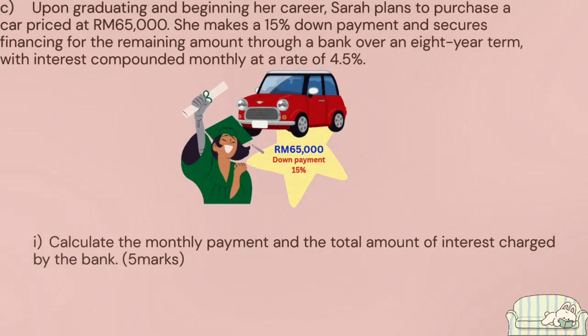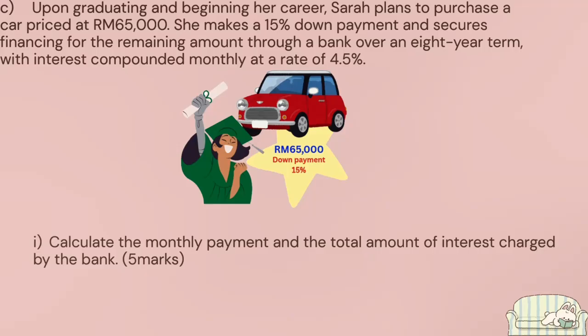I'm Deffanie, and I will start to discuss question C. Upon graduating and beginning her career, Sarah planned to purchase a car priced at 65,000 ringgit. She makes a 15% down payment and secures financing for the remaining amount through a bank over an 8-year term, with interest compounded monthly at a rate of 4.5%. Question 1.